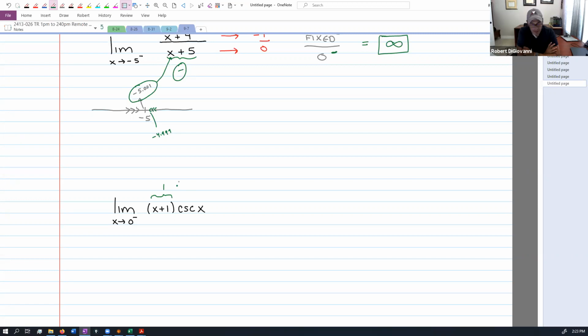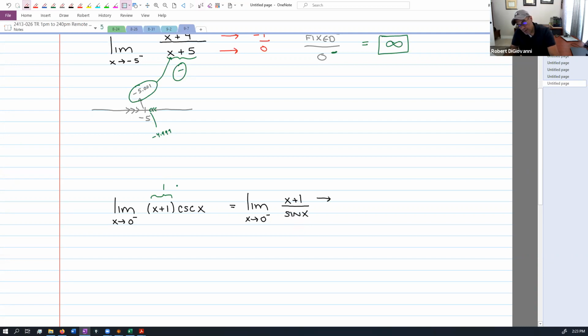Well, I'm not expecting that you're going to remember what cosecant looks like. Yes, please explain what that is. I don't remember it. So instead, why don't we look at this problem this way? Because this I would expect you to be comfortable with. This is the same as x plus 1 over sine x, because cosecant of x is 1 over sine, isn't it? And so I could just put the sine underneath the x plus 1 like this.